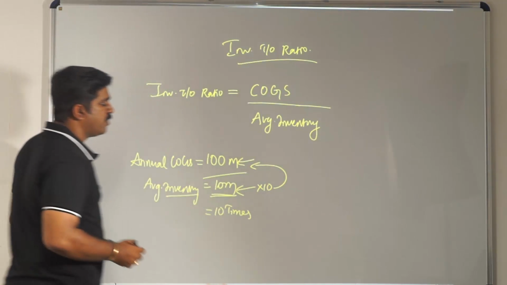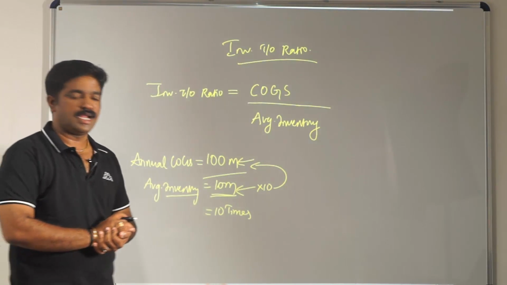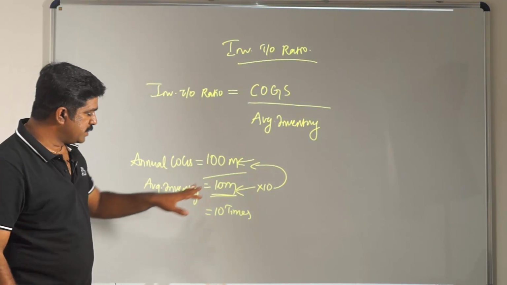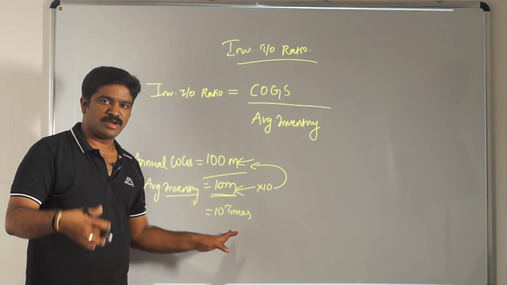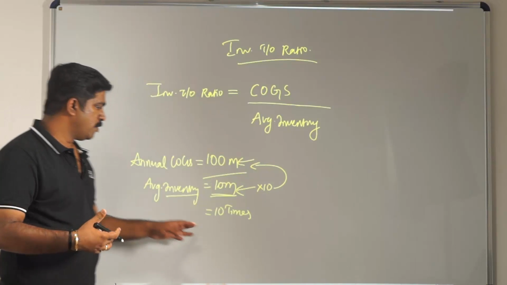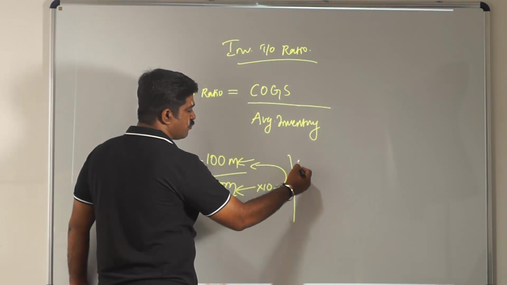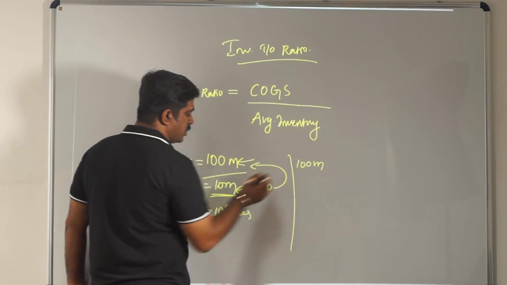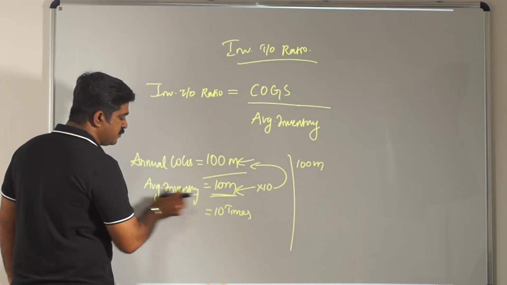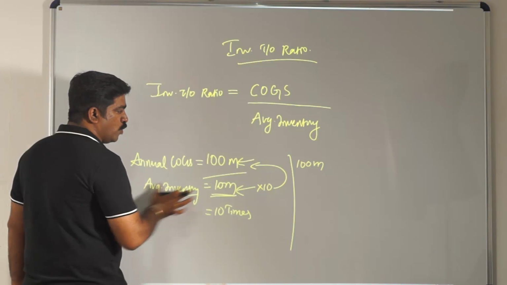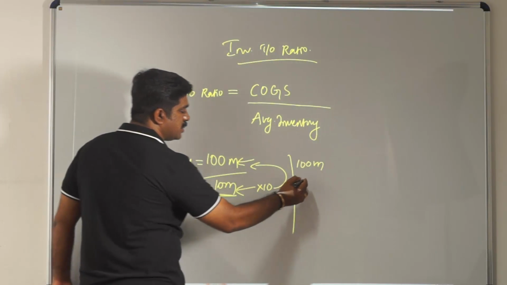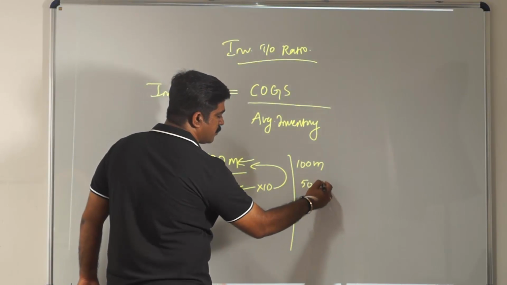So here you have annual cost of goods sold, that is 100 million. Now, probably this figure on standalone will not communicate anything serious for you, but let me give you some more numbers. Let's say the annual cost of goods sold is 100 million, and the average inventory which they keep when they were achieving this 100 million is, let's say, 50 million.